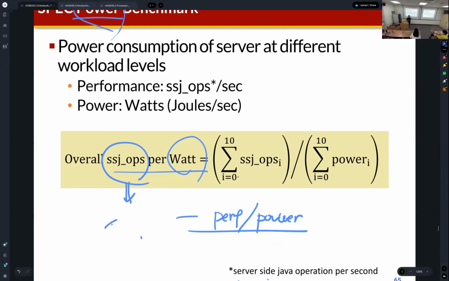So why do we need to focus on the performance per power? Things like our mobile computer systems, like our smartphone. Our smartphone will consume very low power, but the problem is that the performance of our smartphone CPU is also very, very low. So mobile CPUs or embedded CPUs consume very low power, and the performance is low. But let's think about the server CPU.